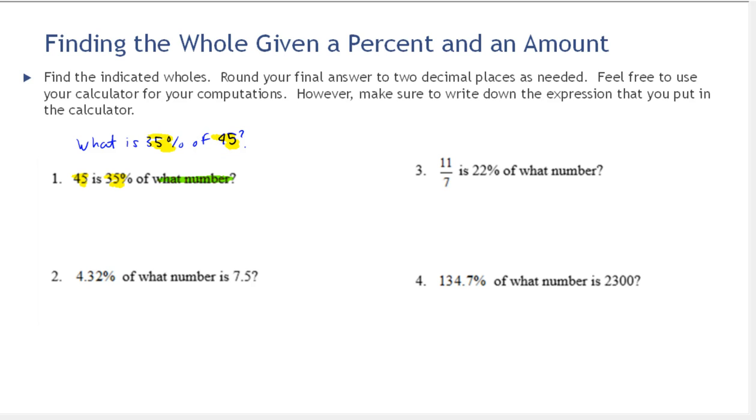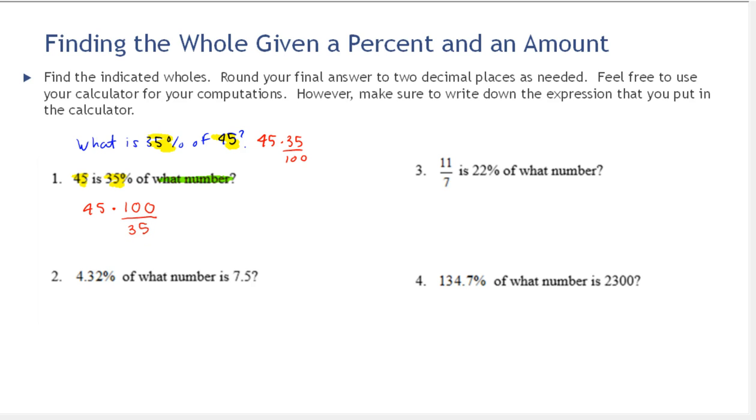So I just want to do a quick compare and contrast. If you are finding what is 35% of 45, we learn that you take 45 and you multiply by 35 over 100. You're finding 35 out of every 100 pieces of 45. Let's see what this one looks like. If we're trying to find the whole, and this is the amount, you take the amount, you multiply by the percent you want, so you want 100%, you divide by the percent you have, which is 35.